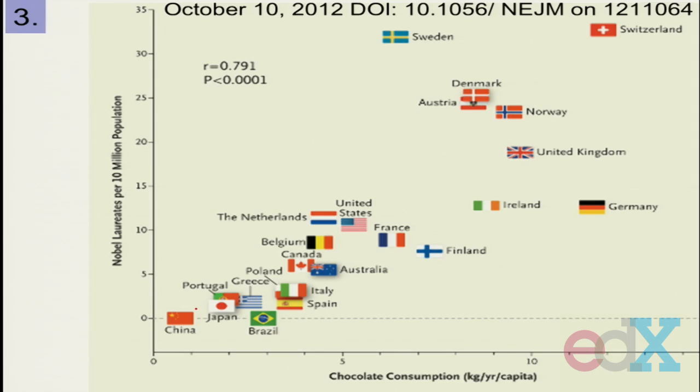So here we're calculating the correlation coefficient between the country consumption of chocolate and the country rate of getting Nobel Prizes, as opposed to looking at each individual and seeing how much chocolate and how many Nobel Prizes the individual gets. Turns out mathematically that when you work with the aggregates, it's higher than if you work on individuals.